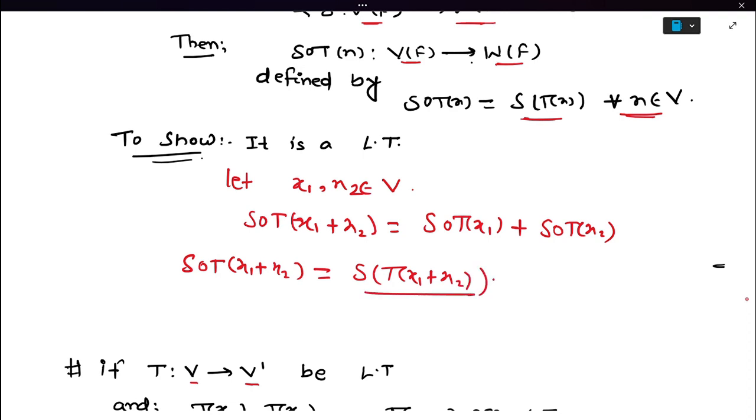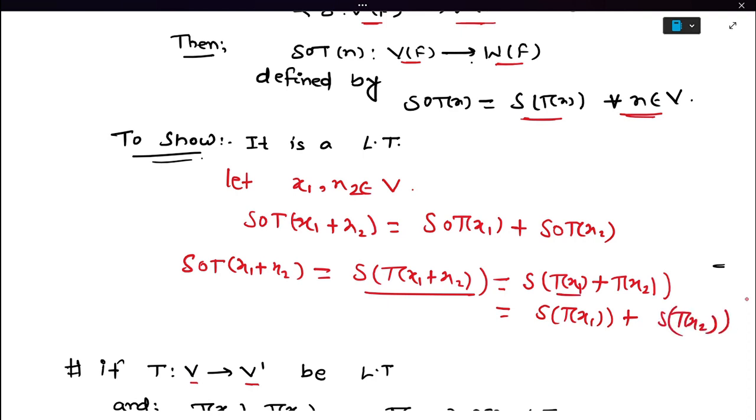Also, since T is a linear map, we can write S of T of x1 plus T of x2. And since S is a linear map, we have S T of x1 plus S T of x2.